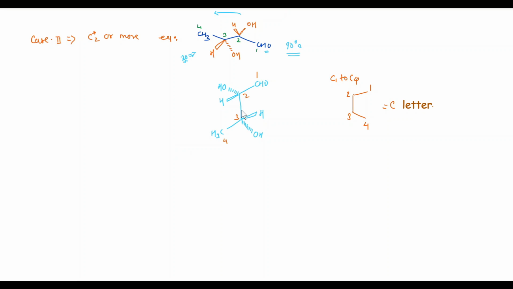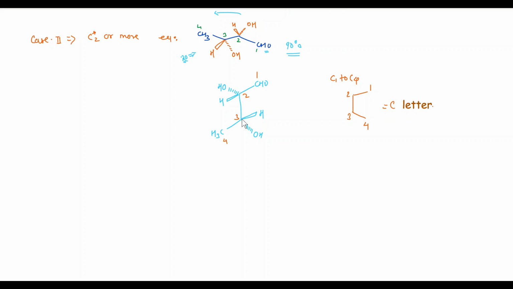And that's why we have to rotate this molecule in such a way that we get this CH3 group, that is the fourth carbon, on the right-hand side. But during rotation of this chiral carbon around this carbon-carbon bond, that is the bond between carbon number 2 and carbon number 3, we have to keep in mind that no change will occur in the chirality of this carbon number 3.